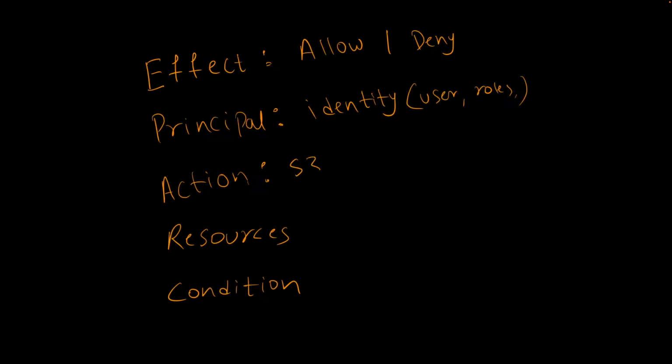So for the S3 service, what action? Download a particular file, get object, upload an object, put object, list bucket. These are basically API calls. What API calls do you want to permit? What action can the principal take?